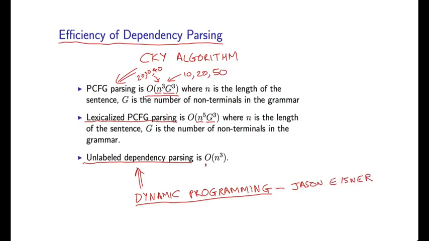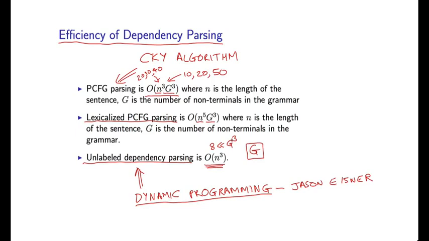Remarkably, these algorithms are cubic in the length of the sentence, but have no dependence on the size of the grammar. In fact, in some sense, dependency grammars don't really have non-terminals, so they don't really have these G terms. So there might be a small constant in front of this n cubed, maybe a factor of 8 or something like this, but a constant that is way, way smaller than G cubed. And that actually means that these dependency parsing algorithms are, in practice, extremely efficient.